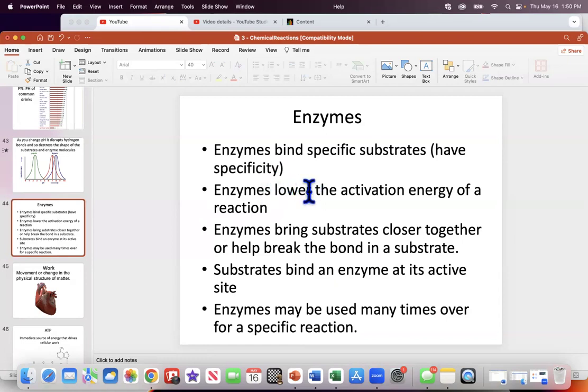And enzymes lower the activation energy of the reaction. So we say it decreases the energy required for the chemical process to happen. In your body, you have a lot of digestive enzymes that help you digest the food. And the way enzymes work is they bring substances closer together so they can help to break down the bond.